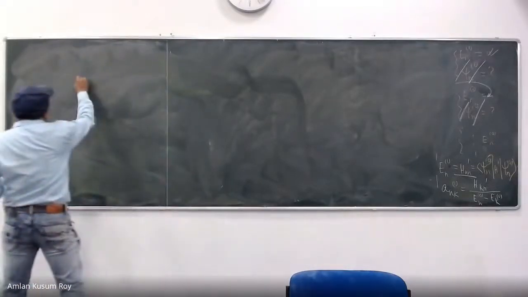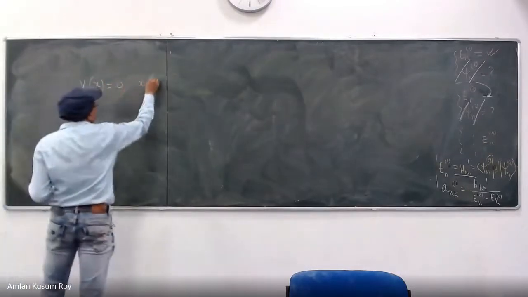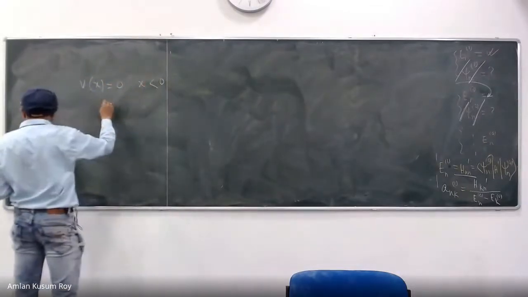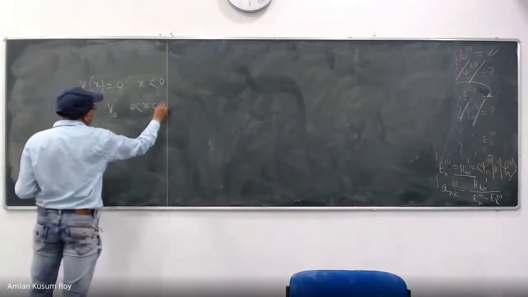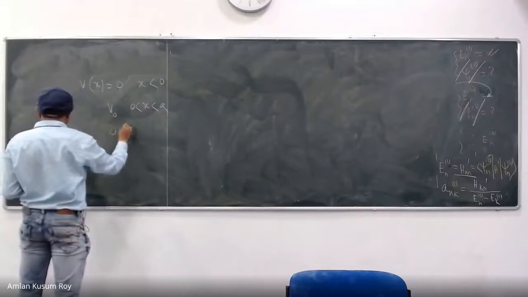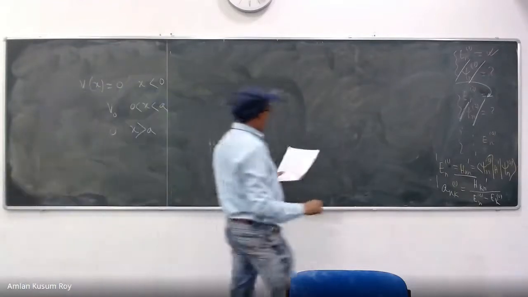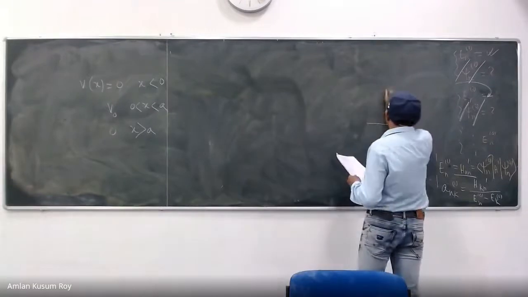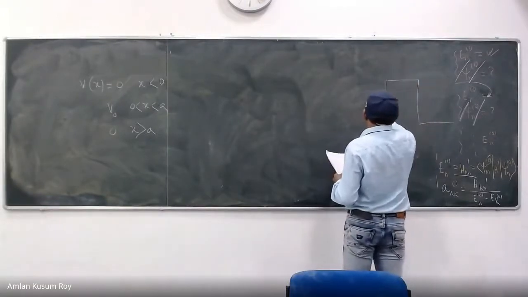Okay, I gave a problem which is like this: V(x) is equal to 0 for x less than 0, V(x) is equal to V0 for 0 less than x less than a, and V(x) is equal to 0 for x greater than a. If you draw this potential, it looks like this. This is V0.